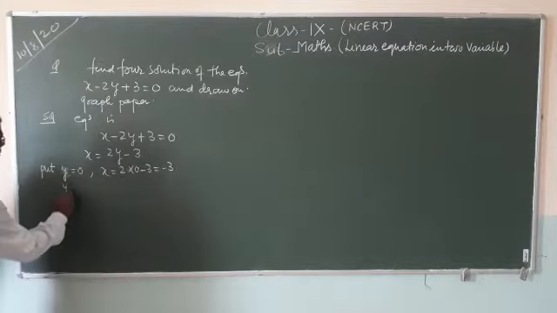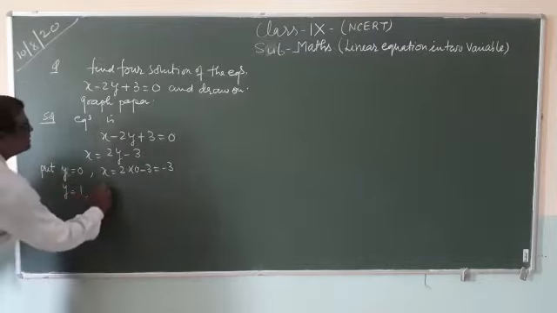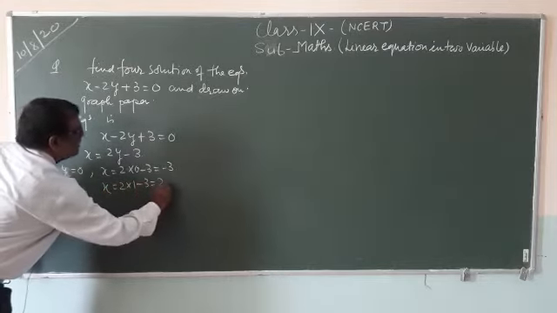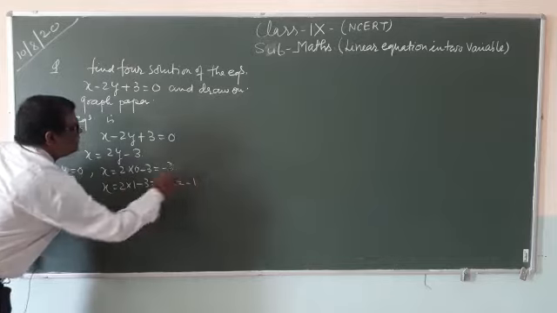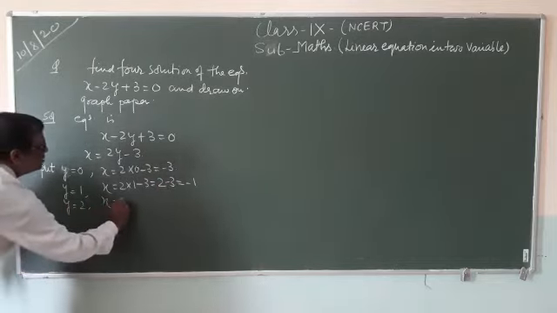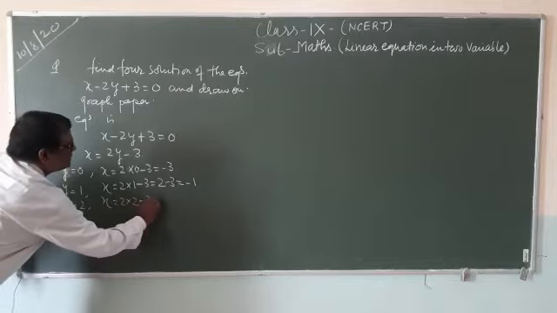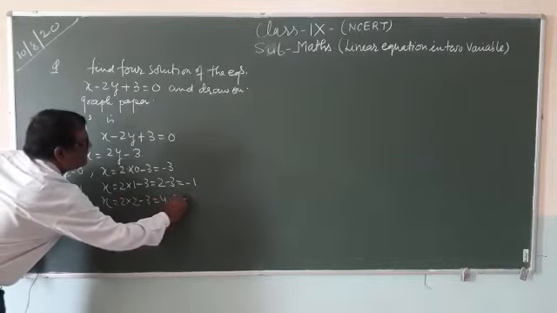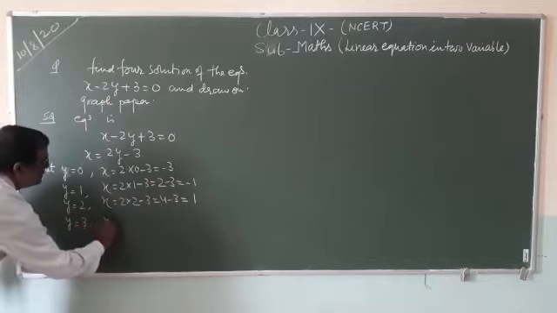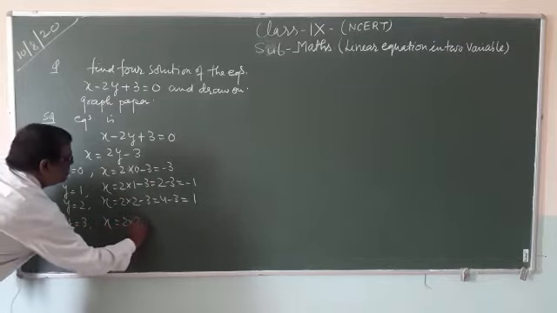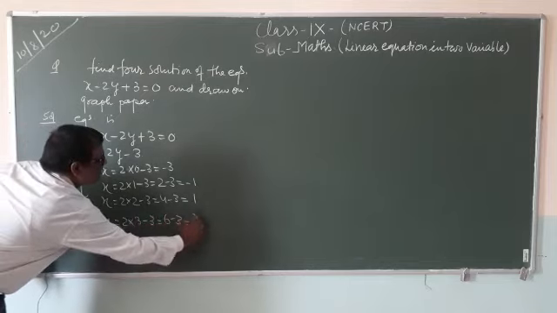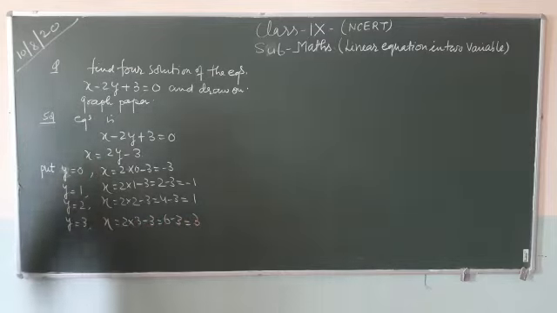Again put y is equal to 1, then x is equal to 2 into 1 minus 3, that is 2 minus 3, which is minus 1. Put y is equal to 2, then x is equal to 2 into 2 minus 3, which is 4 minus 3, that is 1. And put y is equal to 3, then x is equal to 2 into 3 minus 3, that is 6 minus 3, which is 3.